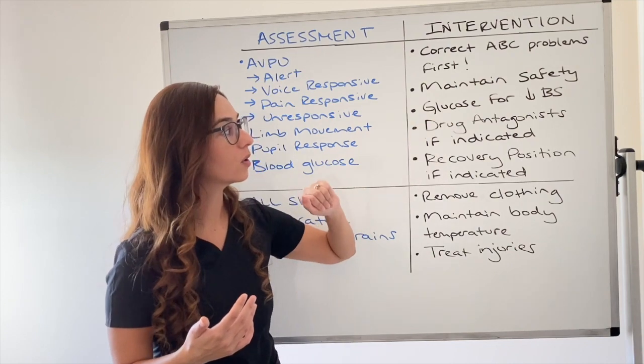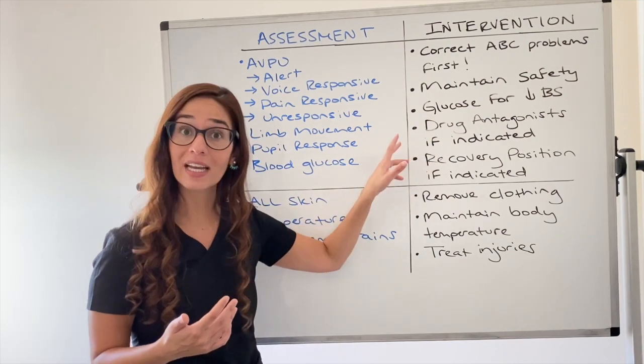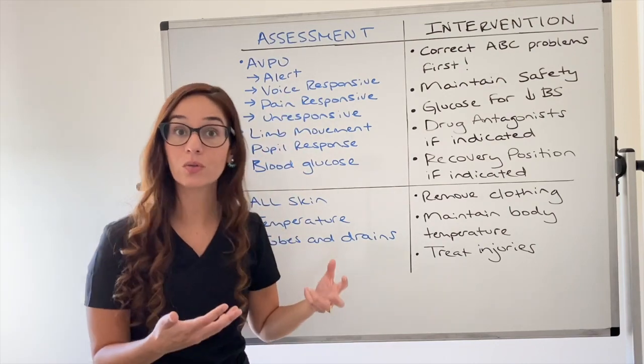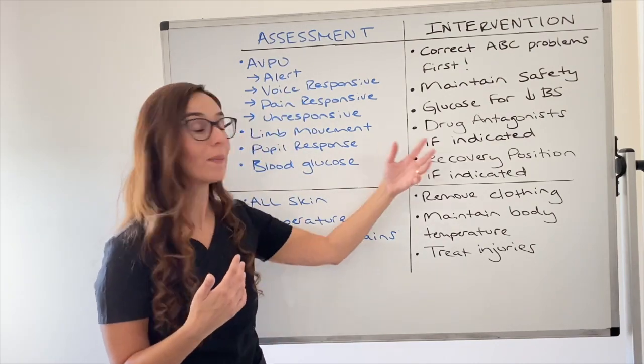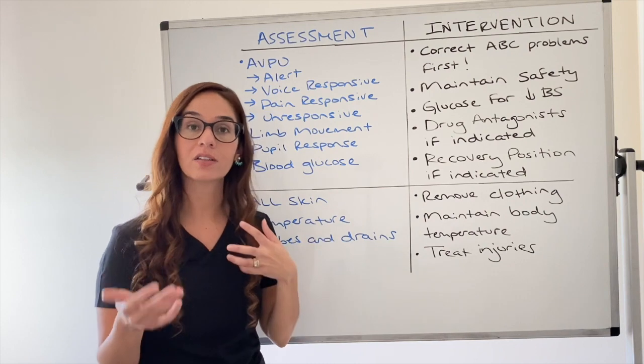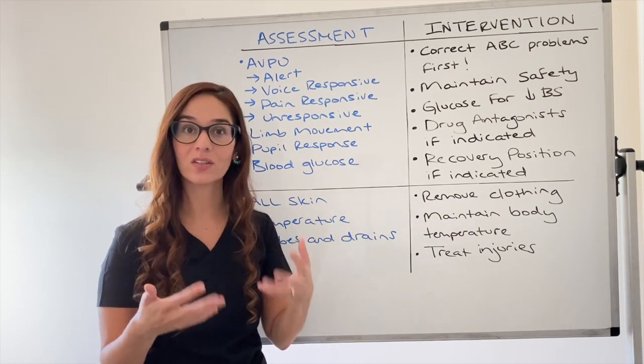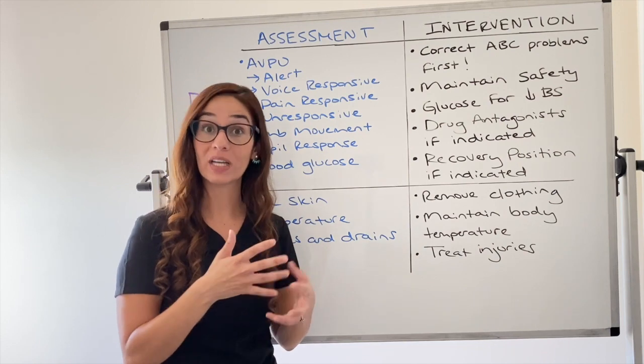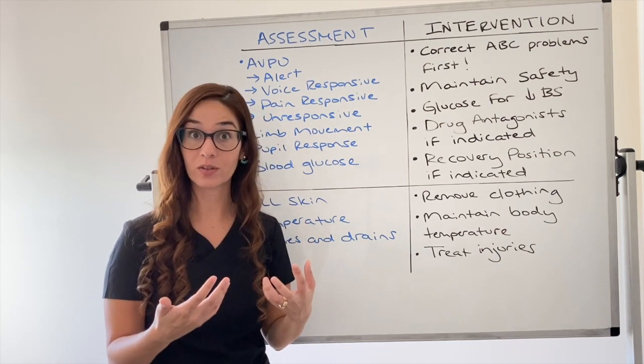Give glucose for low blood sugars. Drug antagonists as needed. Changes in responsiveness can be due to overdoses. So we might have to administer naloxone, aka Narcan, but always know your generic names, to reverse opioids. What about benzodiazepines? We have reversals.